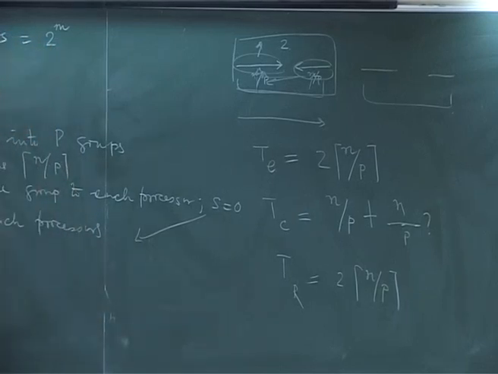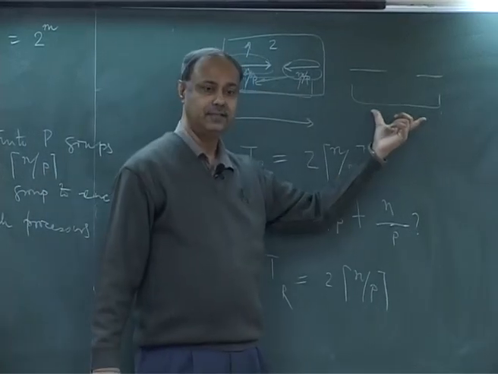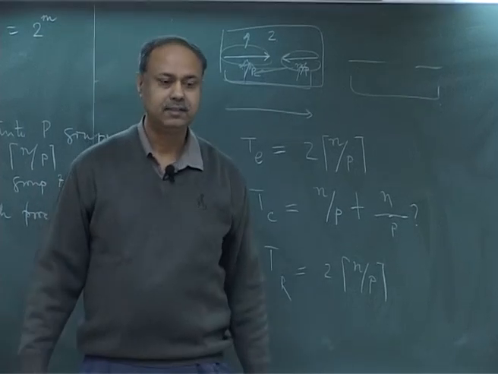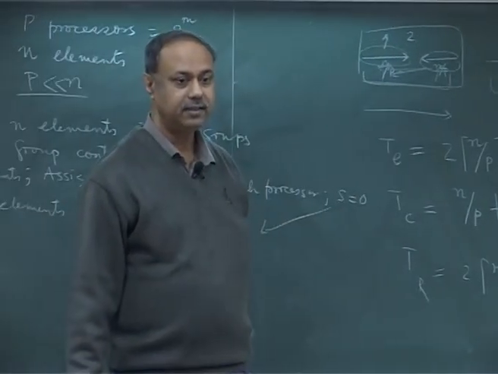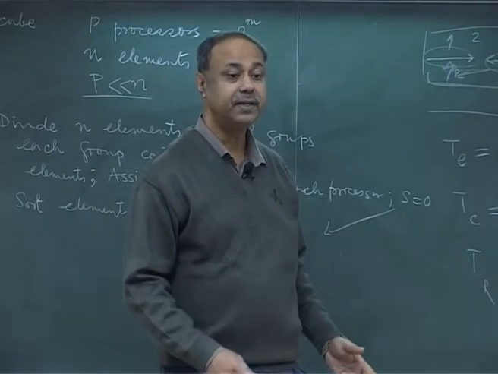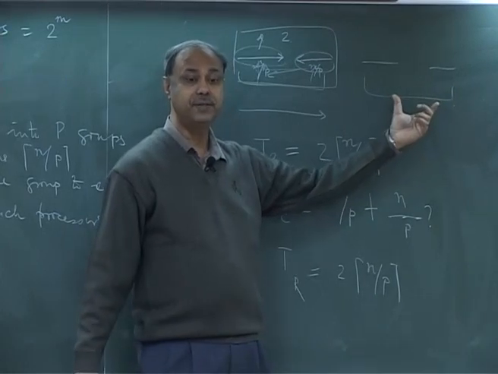So after doing this, you get increasing order and decreasing order. Next time what? Again, this time the data movement time will be much more, 2n by p. Here the size is 2n by p.